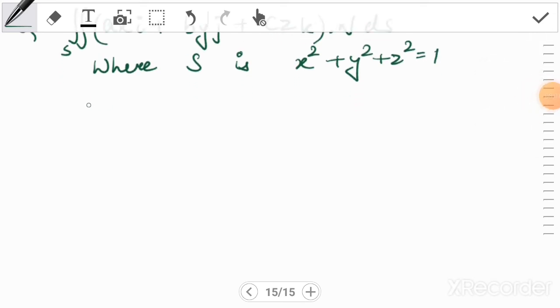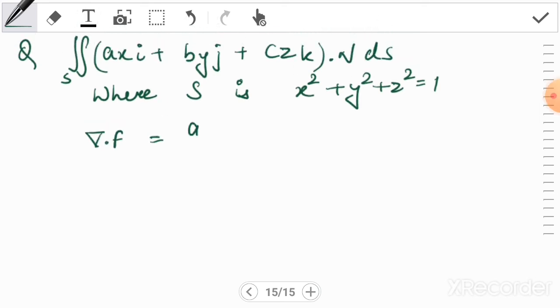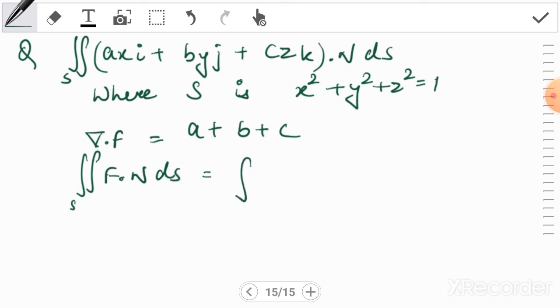So find the divergence of f, which is a plus b plus c. So f dot n ds is equal to the volume integral of divergence f, del dot f dv.